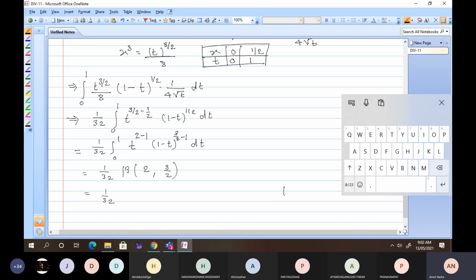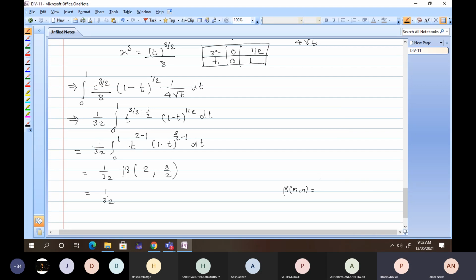We know that beta of m comma n is equal to gamma of m into gamma of n divided by gamma of m plus n. You can interchange, no problem. So first you will get gamma of 2 into gamma of 3 divided by 2 whole divided by gamma of 2 plus 3 divided by 2.